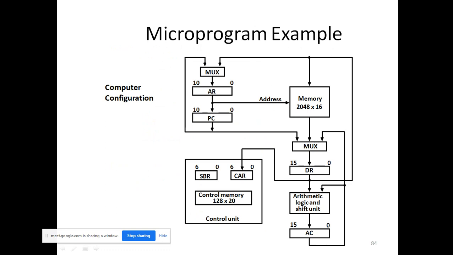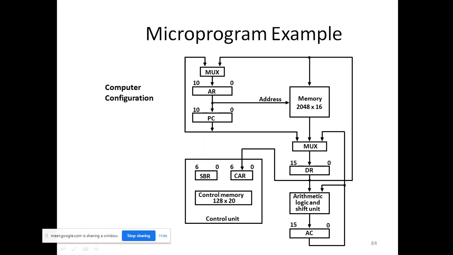So the main computer has an address of 2 power 11. Whereas in the control memory instruction format, the address size is 7 bits. That means 128, and 128 equals 2 power 7. That's why 7 is the address bit size. The remaining are the opcodes and fields, like that.